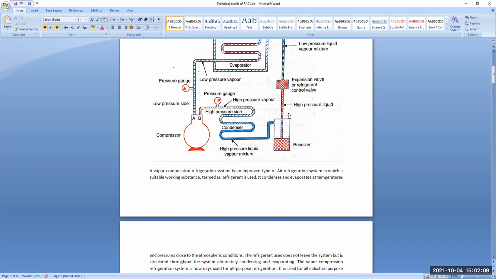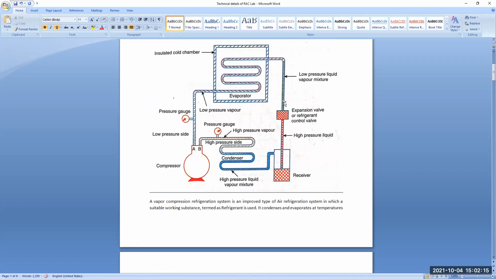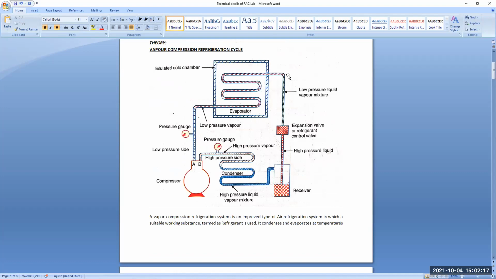It goes to the expansion valve, where high temperature and pressure is reduced to low temperature and pressure. From the expander it goes to the evaporator itself, where it is again converted to the gaseous state, thus drawing the latent heat of evaporation from the surroundings inside the cooled chamber, and it comes out in gaseous form and goes to the compressor once again. So this total cycle of operation repeats again and again.